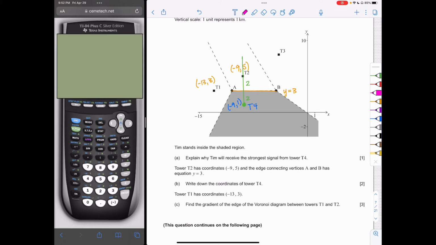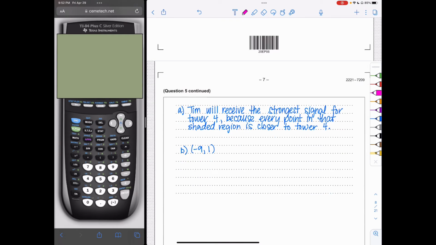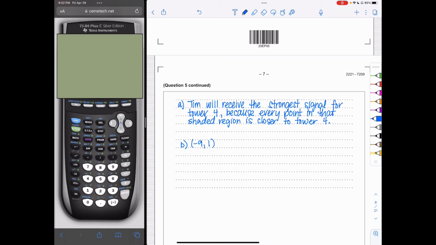So I already know that that gradient should be the opposite reciprocal of the gradient between T1 and T2. So what I'm going to do here is use T1 and T2 to find the slope.